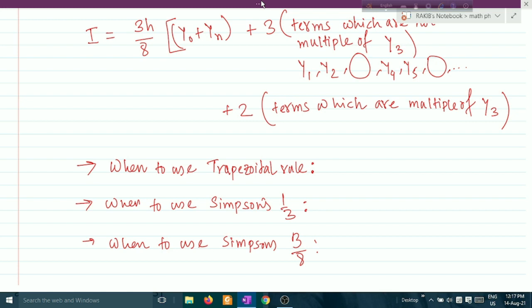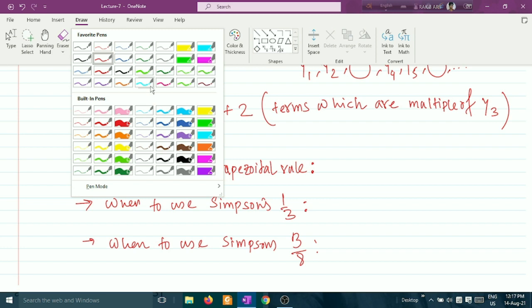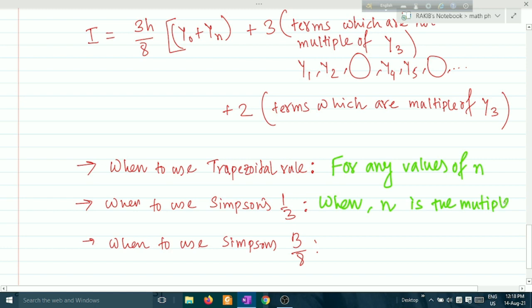You have to remember this: the trapezoidal rule can be used for any value of n. What about Simpson's 1/3 rule? When n is a multiple of 2, you have to use Simpson's 1/3 rule.